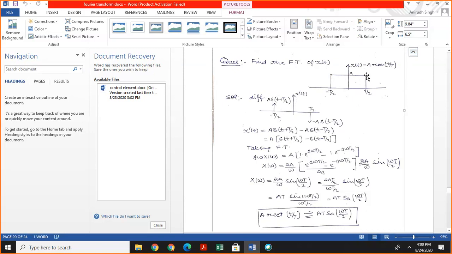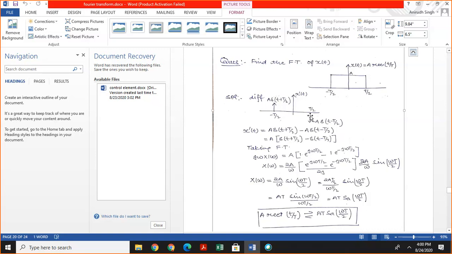Similarly, in this case, the initial value of the function is A, and the final value is 0. So 0 minus A, the weight is minus A, and this delta function is situated at plus T by 2.